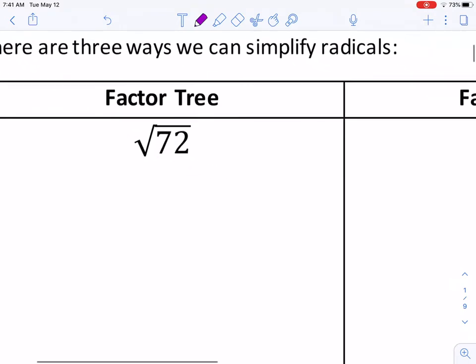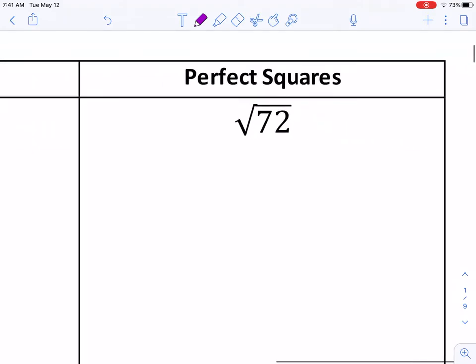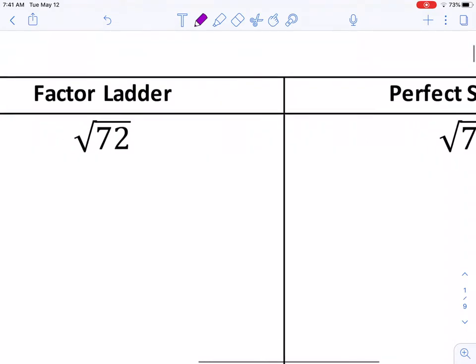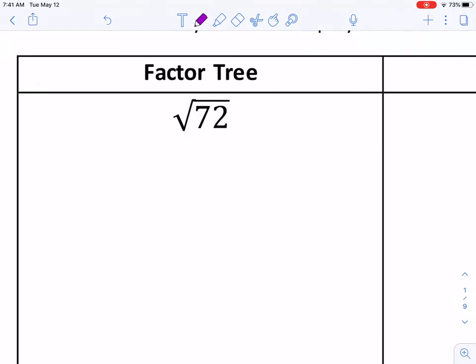We're going to look at a factor tree, we're going to look at a factor ladder, and we're going to look at perfect squares. So whichever way you kind of lean toward, the whole purpose of this lesson is to just give you an idea of how these things can be done, and then I'll kind of switch through different methods as I solve these, just so that you're more familiar with them.